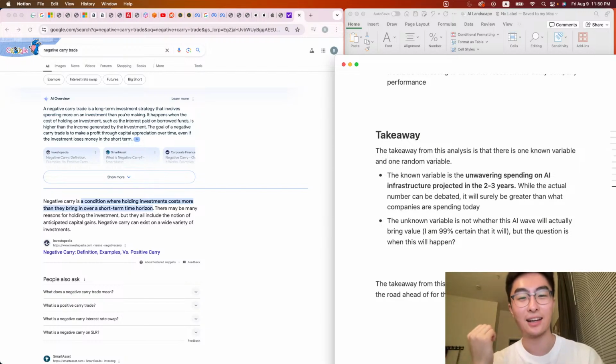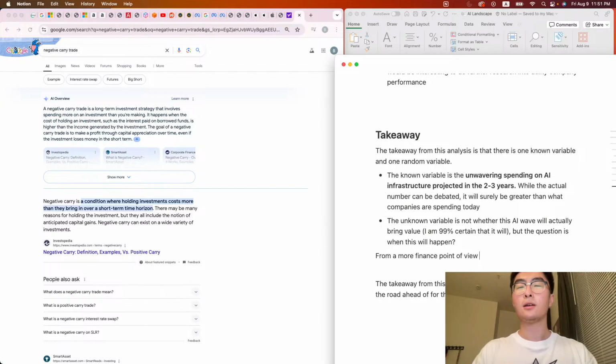Actually, I kind of like that. I kind of like that way of thinking about this AI spend. From a more finance point of view, this AI spend seems like a negative carry trade.